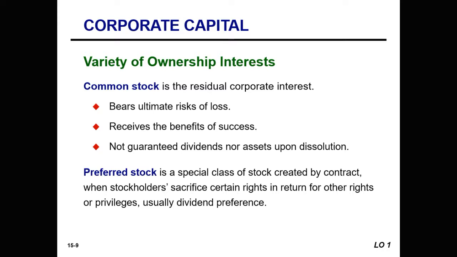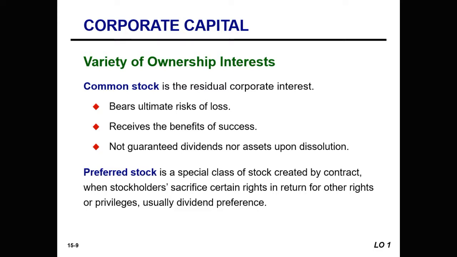The basic ownership interest being common stock is the type that all corporations will have. If there is only one type of stock, so for example, when the company went into incorporating, they file their articles of incorporation.